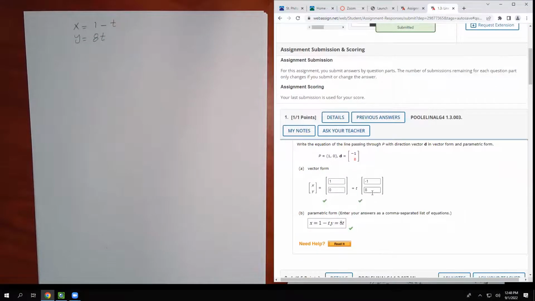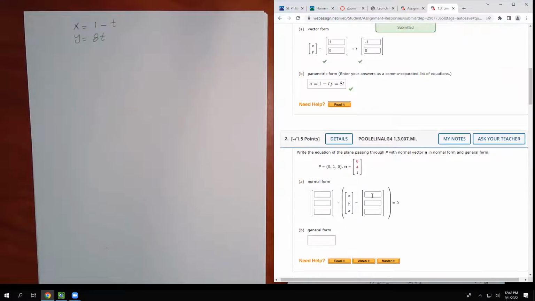The next question. Now, exactly the same thing, but with 3 dimensions. Write the equation of the line passing through P with the normal vector N, in normal form and general form.